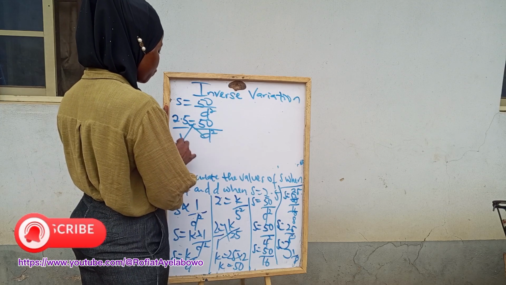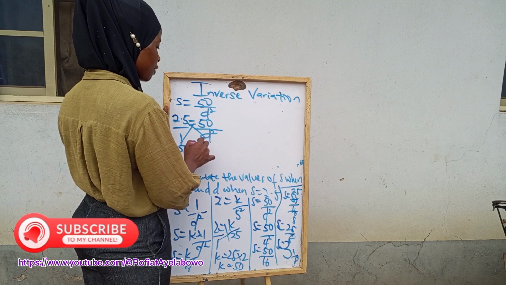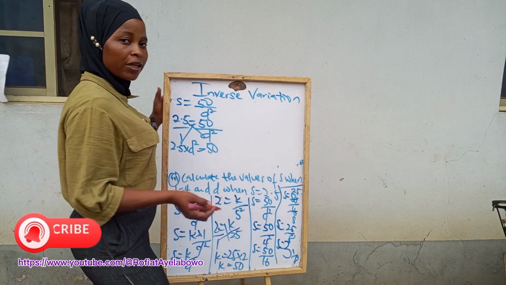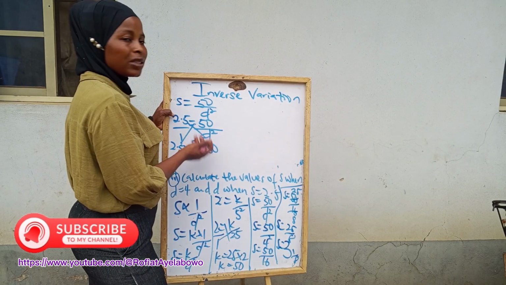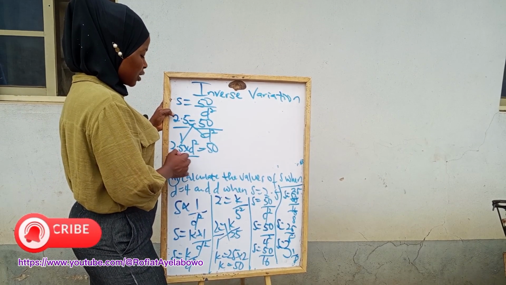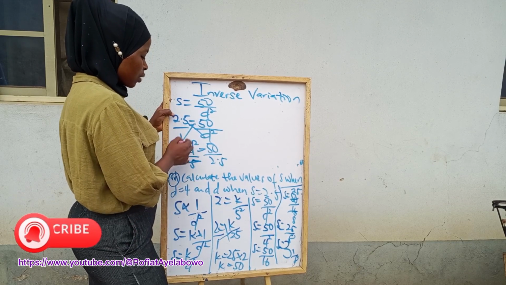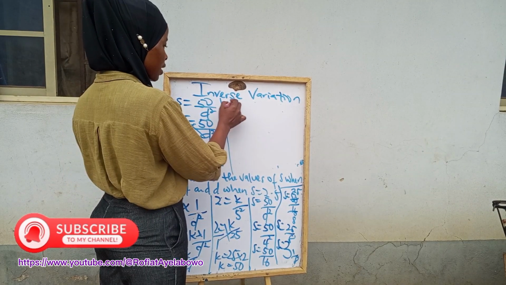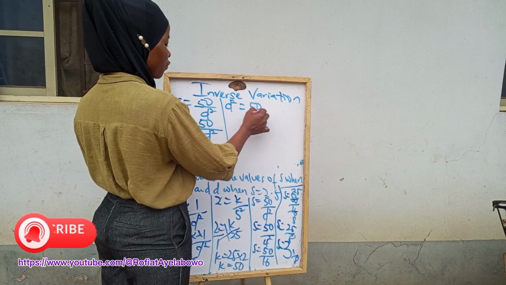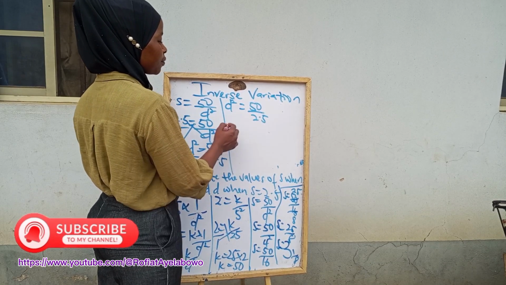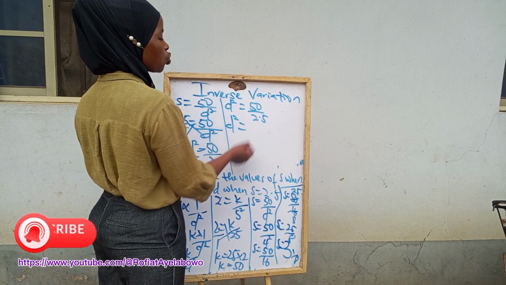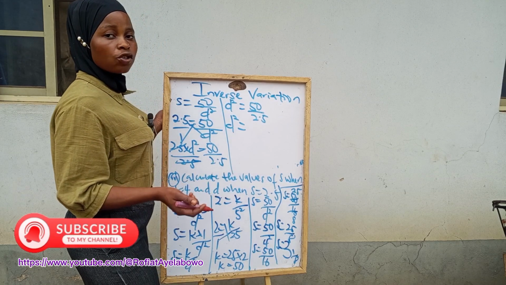You have 2.5 times d square is equals to 50 times 1, which gives us 50. So we are looking for d square. Let's divide both sides by 2.5. This will cancel this. Our d square is equals to 50 divided by 2.5.